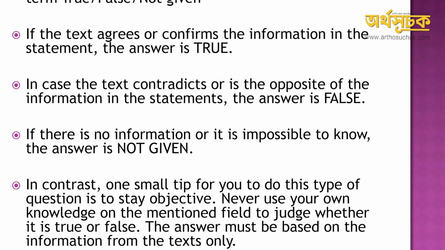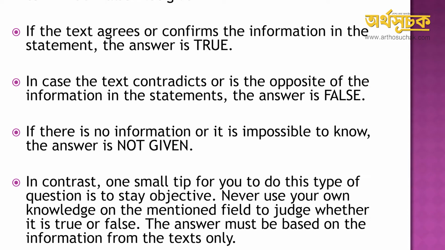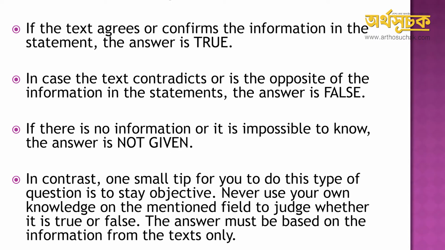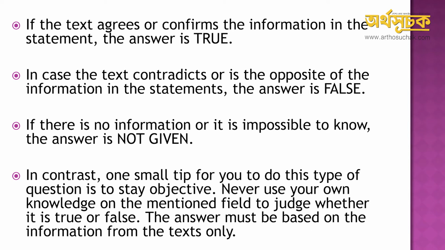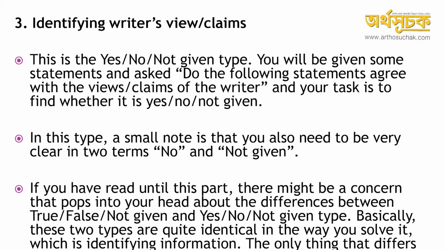In addition, one simple tip for you to do this type of question is to stay objective. That means never use your own knowledge on the mentioned field to judge whether it is true or false. That means আমার প্যাসেজে যা ইনফরমেশন দেওয়া থাকবে আমি সেখান থেকে আনসারটা খুঁজে বের করার চেষ্টা করব, আমার আউট নলেজটা ইউজ না করাই ভালো.